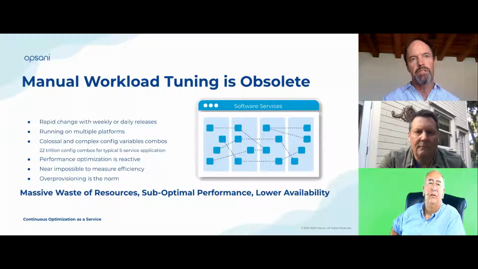And so the thing that turned me on was the ability to use AI and specifically active learning to basically tune applications to run 3-5 times better than they were being configured manually. And because we live in a dynamic world and there's lots of different parameters, trillions of different combinations, it's just gone beyond human scale, and it's now a job for AI, and that's what's really exciting for me.